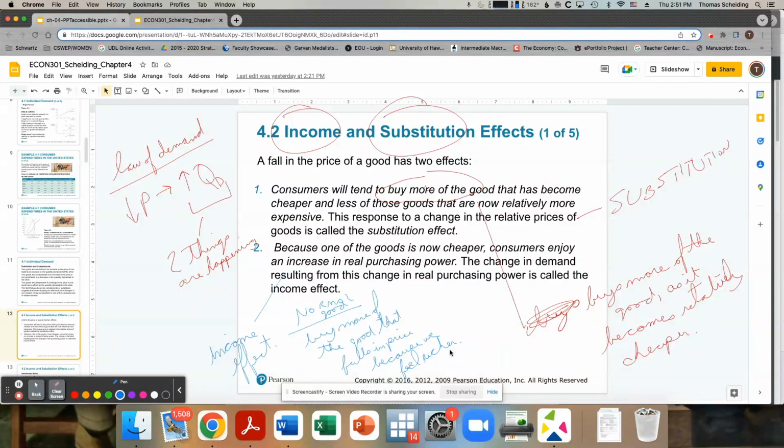Inferior good, you buy less of the good as you feel richer. I'm not going to write all this out.